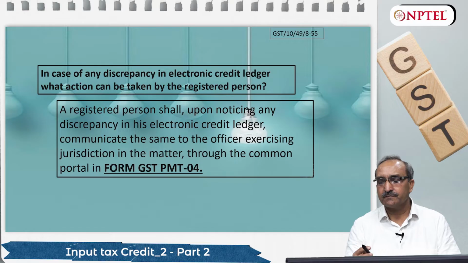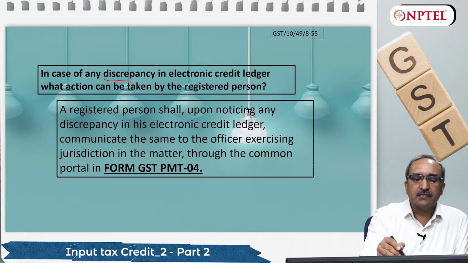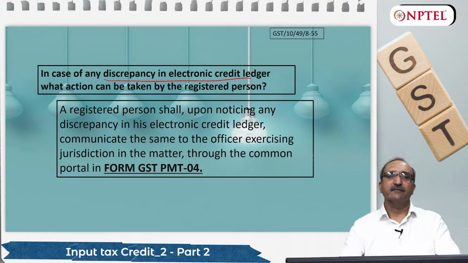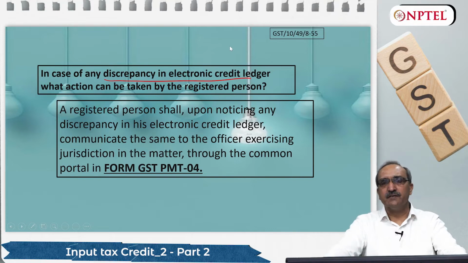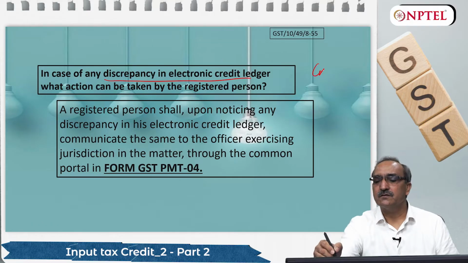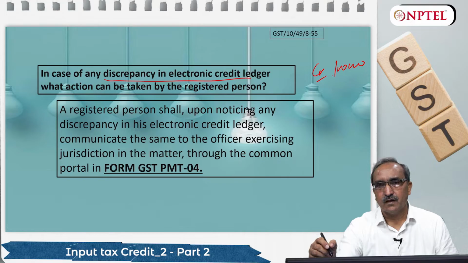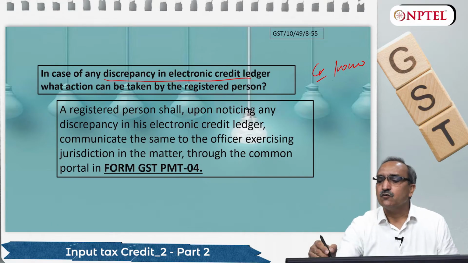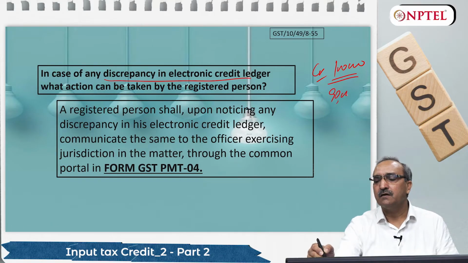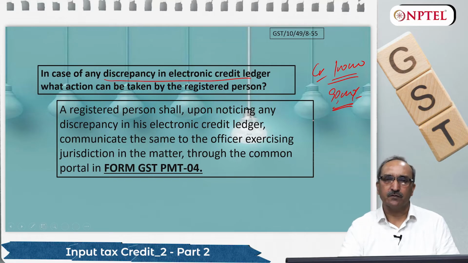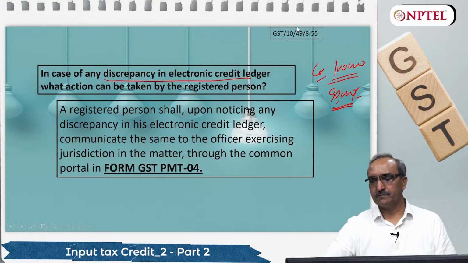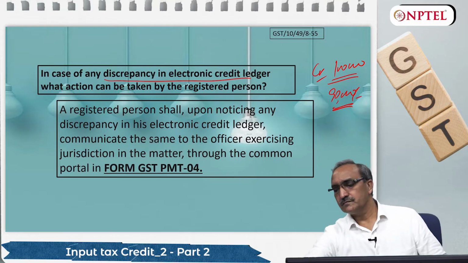So law says, if there is any discrepancy in your electronic credit ledger, discrepancy means, as per your calculation, your credit balance should be 1 lakh rupees, you must have this much balance in your credit ledger at the GST portal, but it's showing 90,000 rupees. So it's showing a shortfall of 10,000.